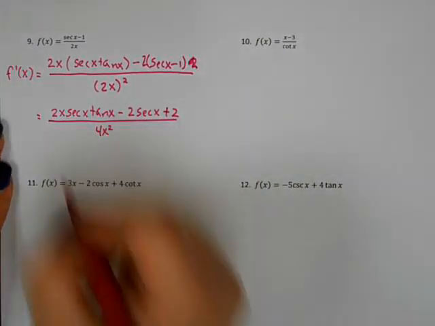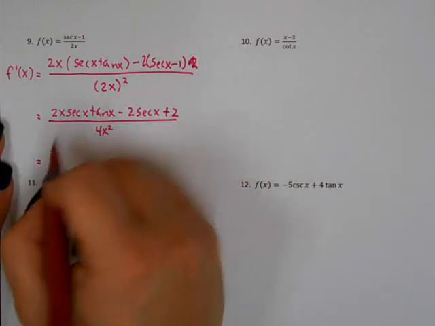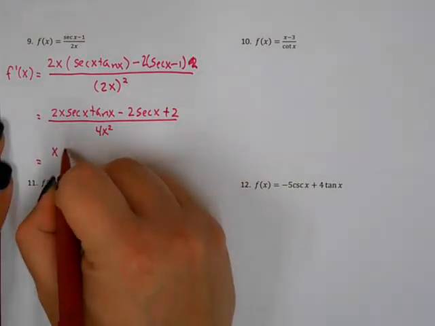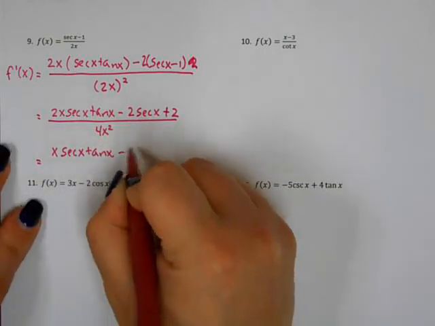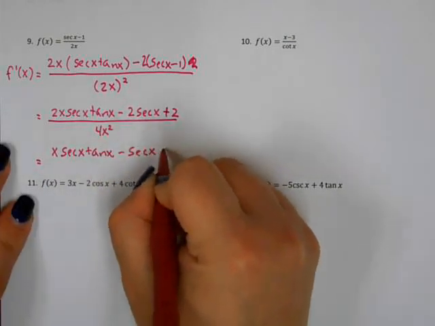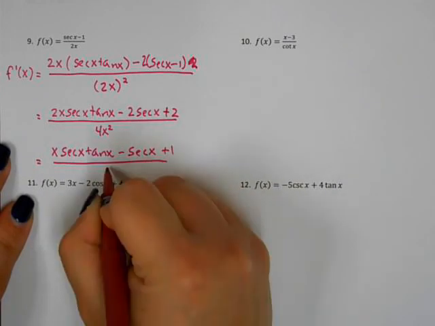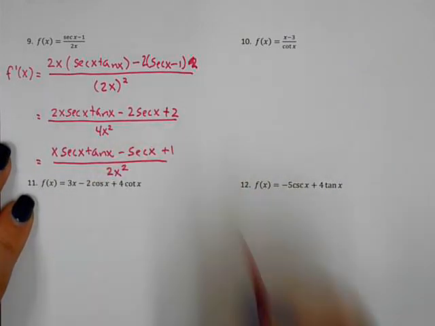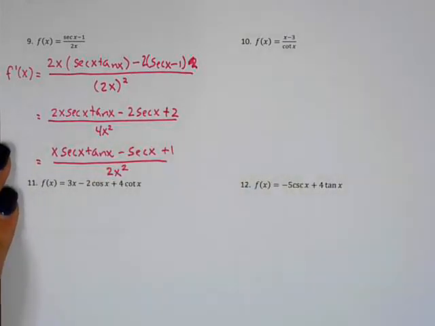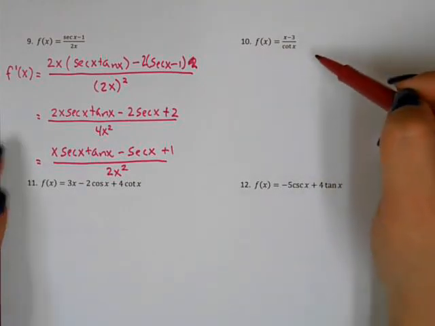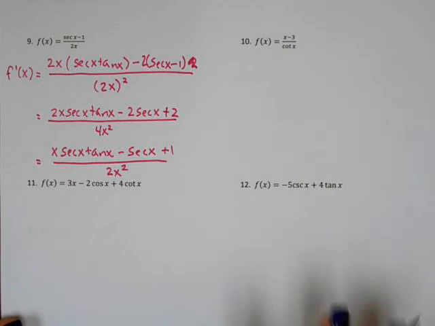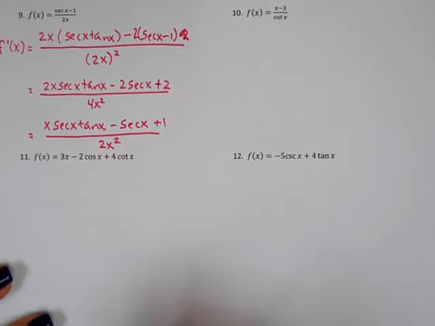And if I look, all of those things are even, so I'm going to simplify. I'm going to take out a 2. So I have x secant x tangent x minus secant x plus 1 all over 2x squared. All right, and then we have another quotient rule right here, which again we can talk about in class if we want to do another one together before you guys start your practice.